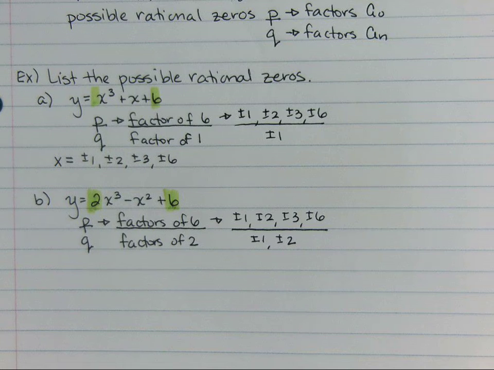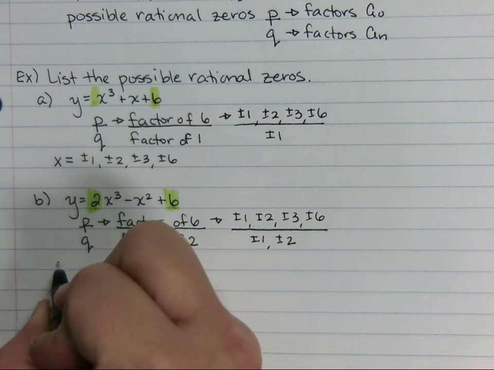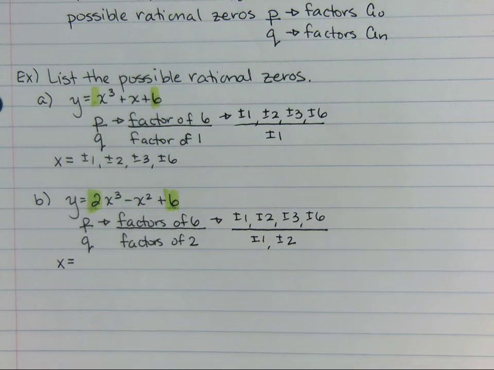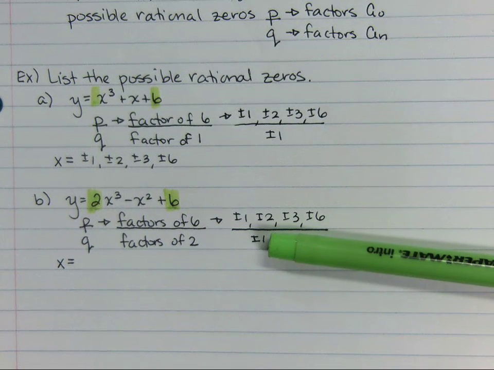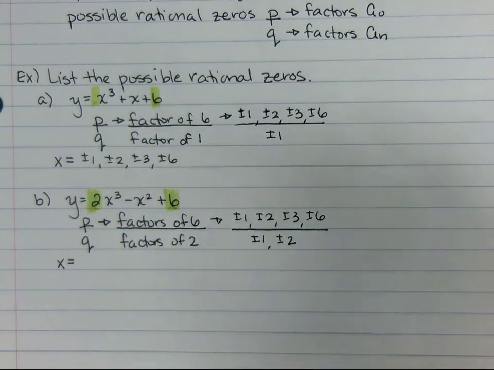The more I change the first and the last term, the more options I'm going to get. It still doesn't give me everything under the sun, but it still gives me some stuff. So my possible zeros for x: first, you're going to make fractions where all of the possible factors are in the numerator divided by plus and minus 1, because those are some of your options. And so that's the first set.